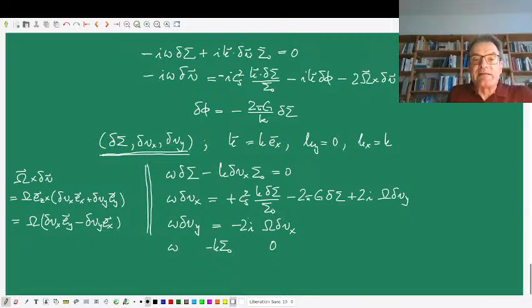All right, and now I'm going to bring this on the other side in order to write the x component of the Euler equation in the form something equals 0. If I do that, then I have 2 pi G from the potential gradient minus k cs squared divided by sigma 0 times delta sigma. Now that's going to be a bit crowded here, so let me make more space.